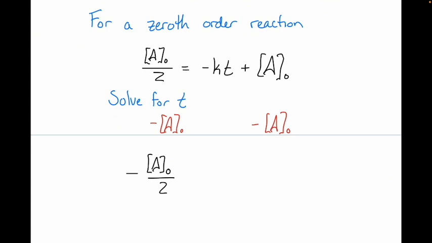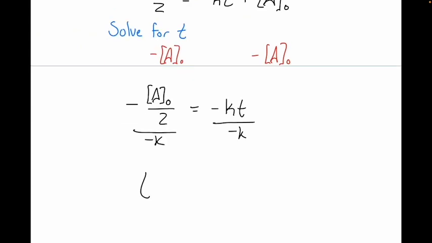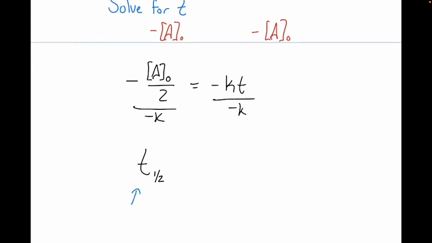That is equal to negative KT. Then I just divide both sides by negative K. I get that my time, we put a little 1/2 here to indicate that this is the half-life of this reaction, is equal to A naught over 2K.